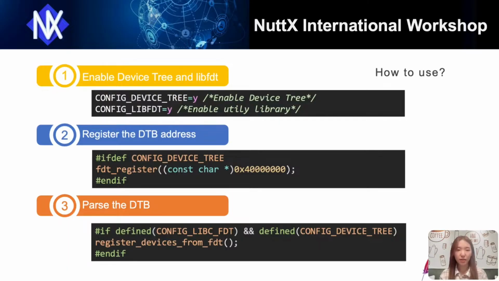First, enable device tree and libfdt by kconfig settings. Then, register the DTB address. Use fdt register to set the DTB address in NuttX. Last, parse the DTB. Chip or board will use fdt-get to get the DTB address, and then use fdt APIs to parse the DTB properties.